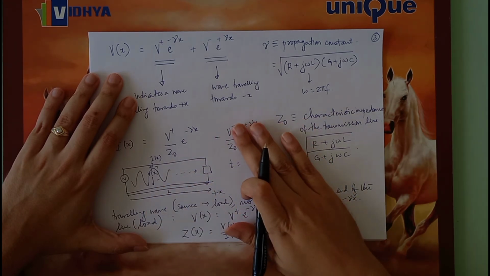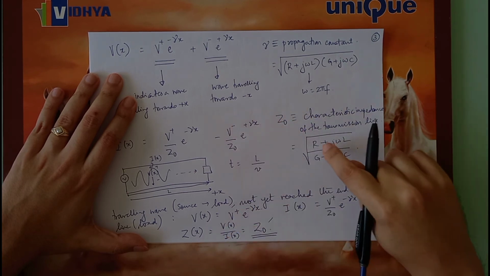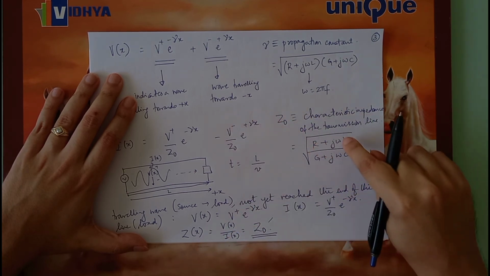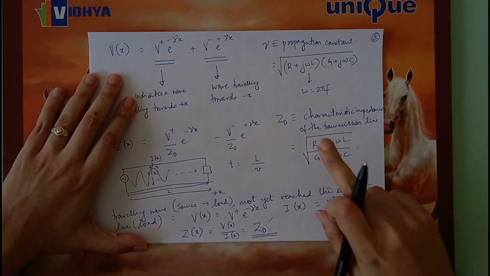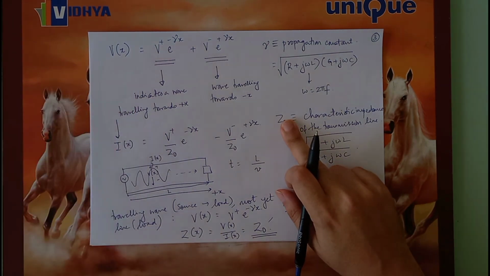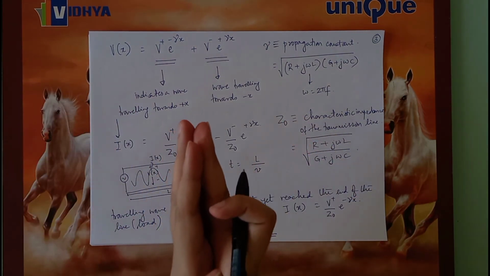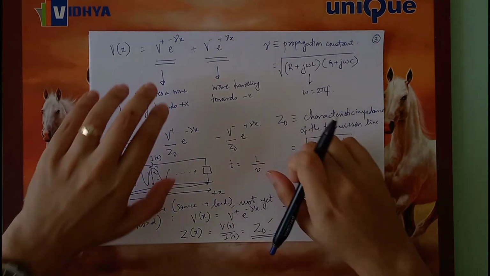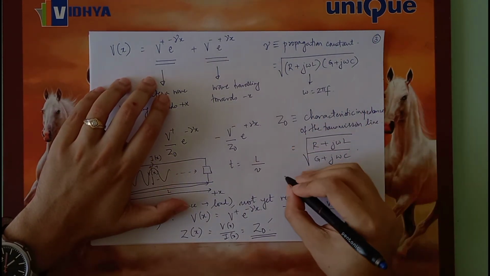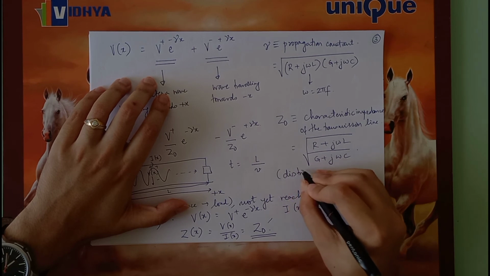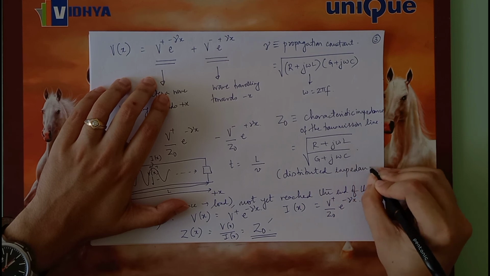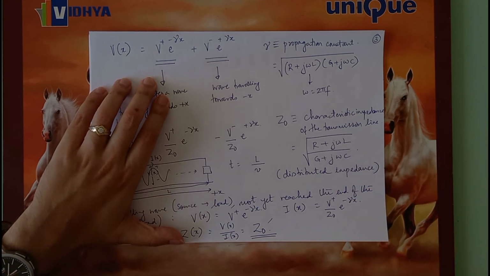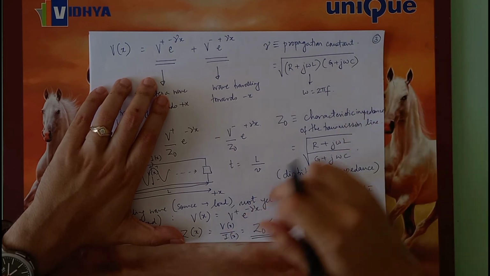Now please remember one very important thing. This Z0 is a function of R, L, G and C, which are per unit length properties of the line. So therefore, this Z0 is not a physical impedance. This is an impedance that exists at every point on the line. This is called a distributed impedance. You cannot simply expect to cut a line at any point and expect to see a resistor over there of value Z0.